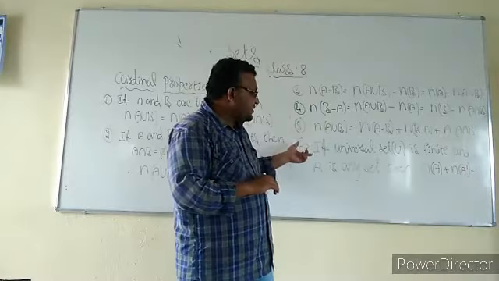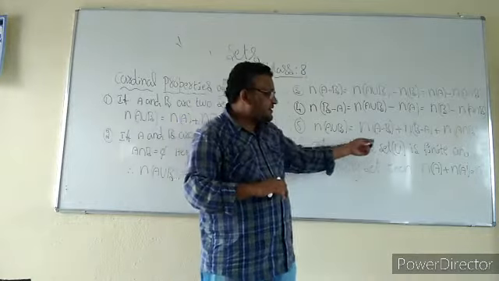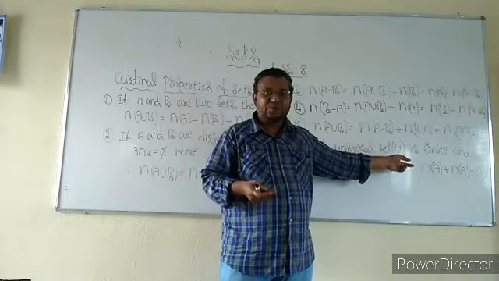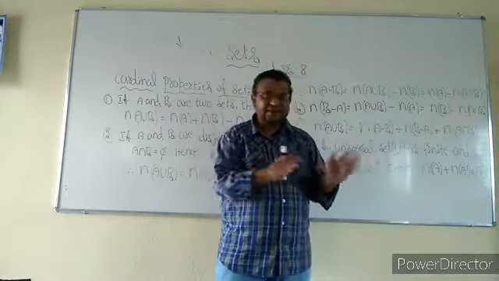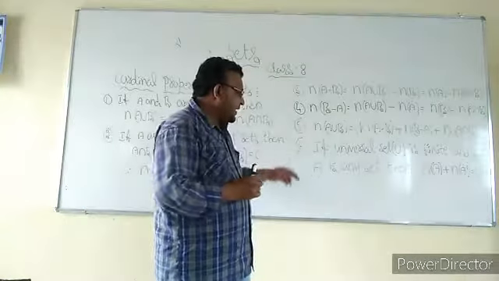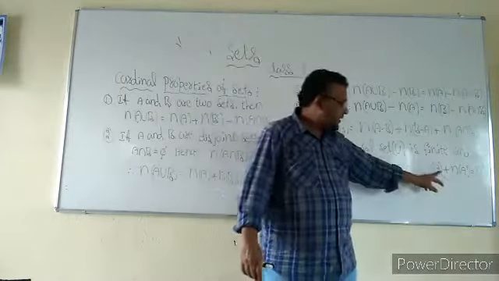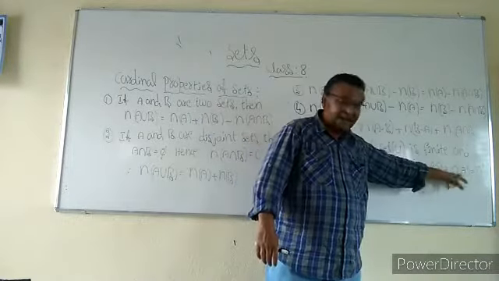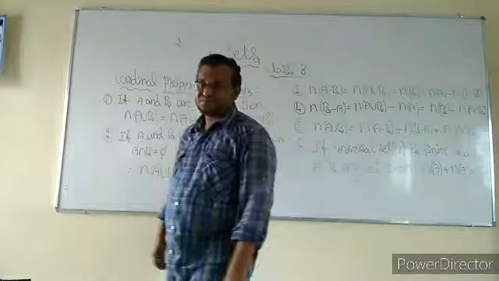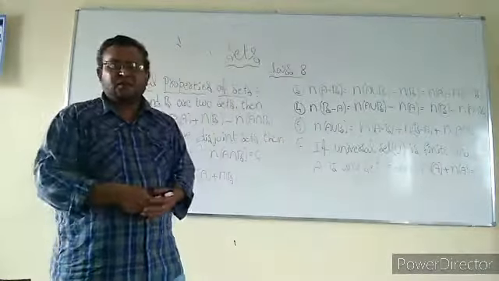Next, the last one. If the universal set U is finite, that means limited numbers, and A is any set, then we can say n of A plus n of A dash is equal to n of U. Simple.